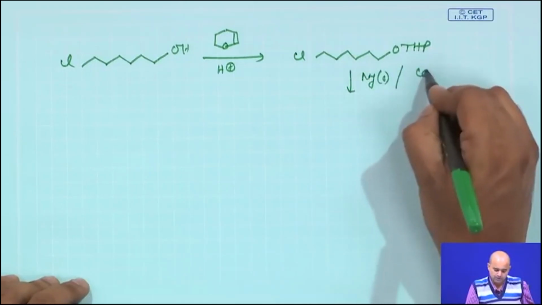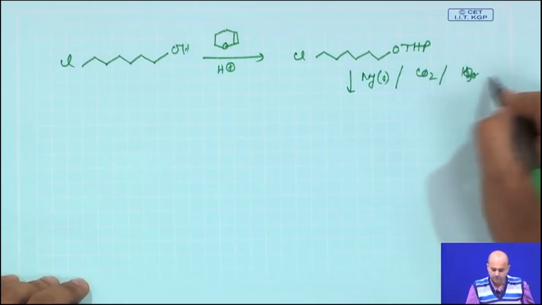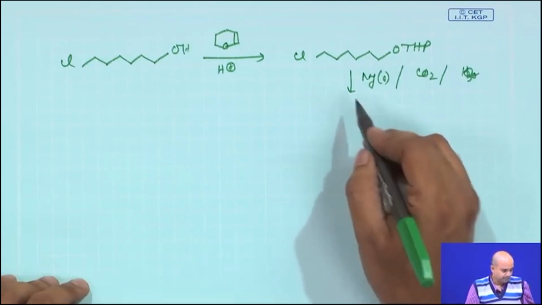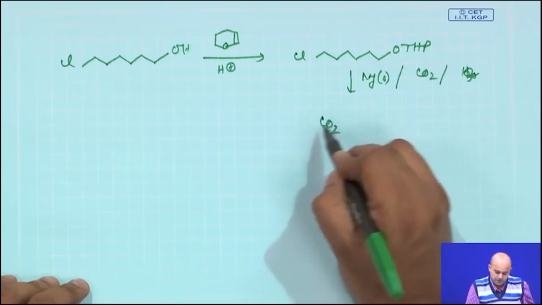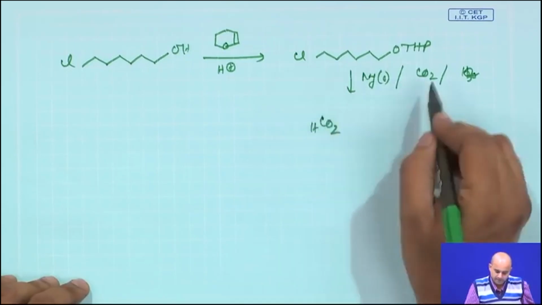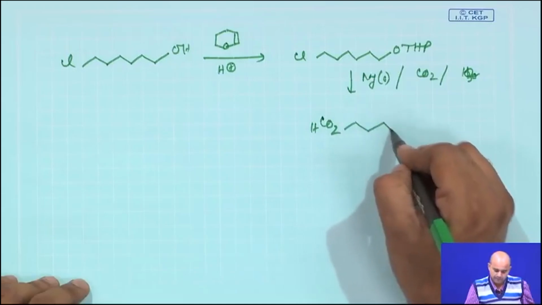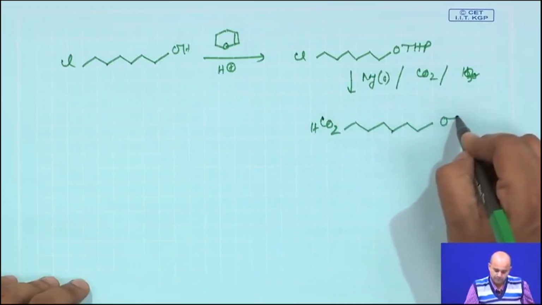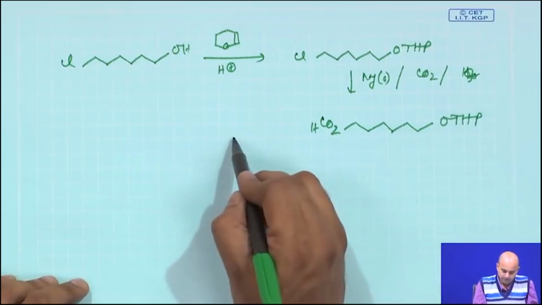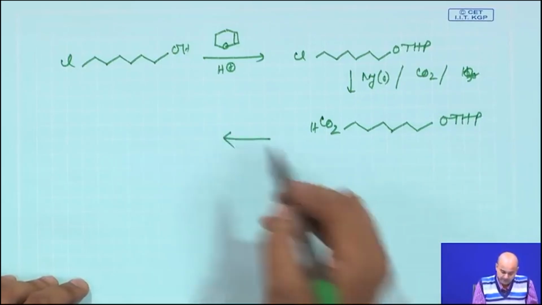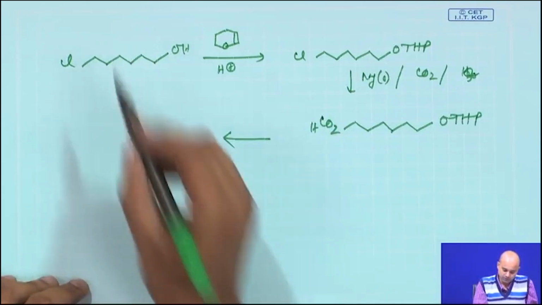Then we react with carbon dioxide followed by H3O plus or simple H plus treatment, which will give you a CO2H. The initial magnesium chloride reacts with carbon dioxide, and the THP remains similar. Next, your carboxylic acid needs to be converted to the corresponding ester which was required.